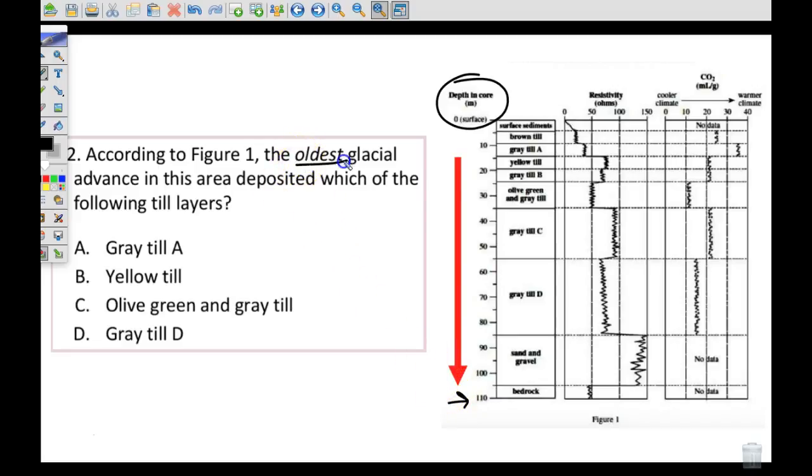So if we're looking for the oldest glacial advance in this area, we have to look for the option that's the lowest out of all the options. So gray till is beneath yellow till, but gray till is still below olive, green, and gray till, and then gray till D is below all of that. So D is the correct answer to number 2.